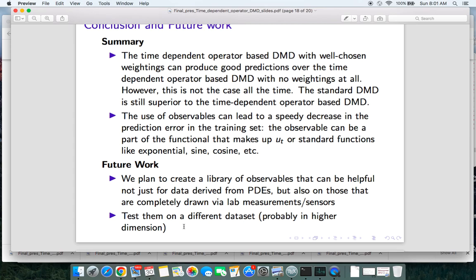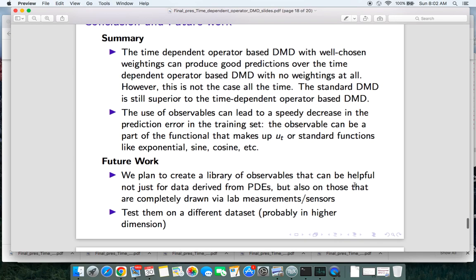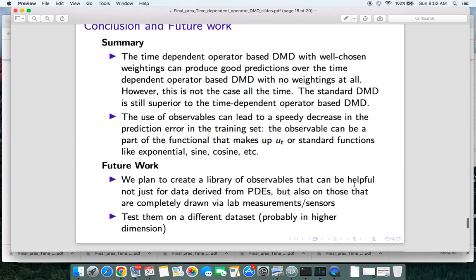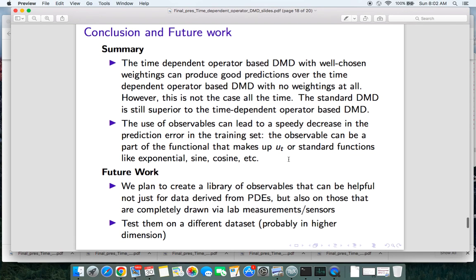And also we want to test the different variants of DMD on different data sets, probably in higher dimensions. So that was the summary and our plan for future work.